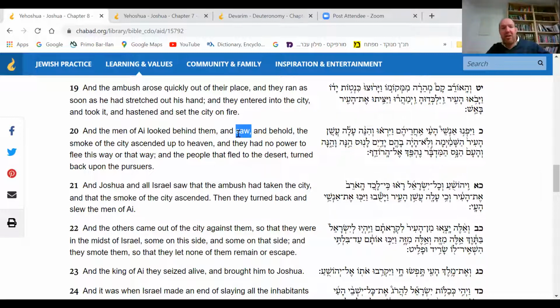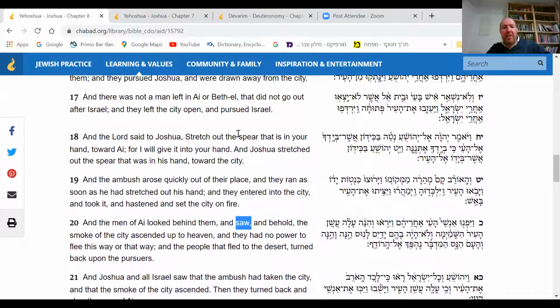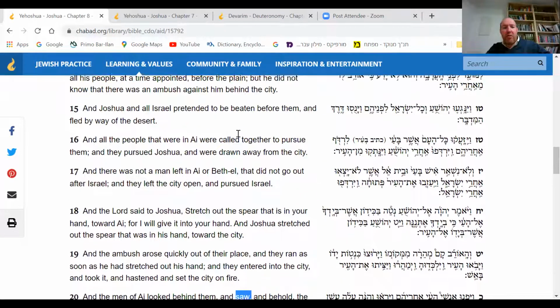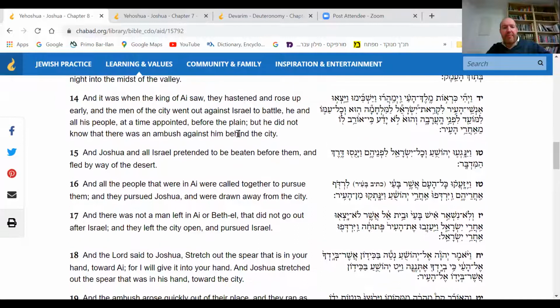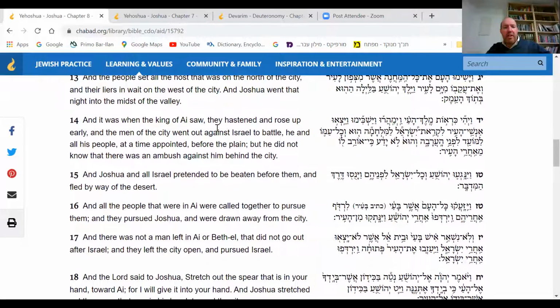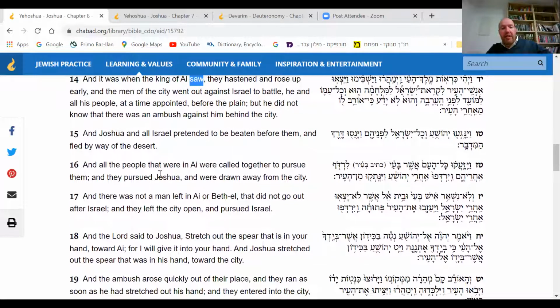Earlier on, when the king of Ai saw, they hastened and rose up, the people began to attack, and all the people that were in Ai were called together to pursue.